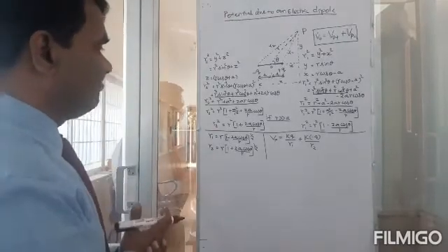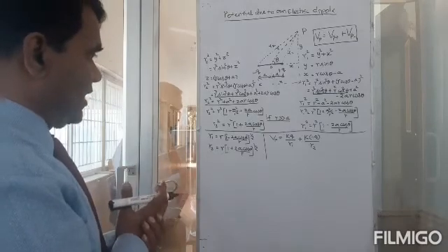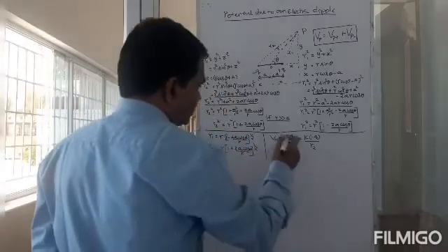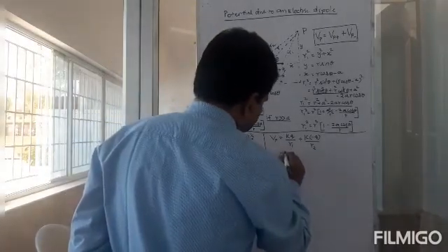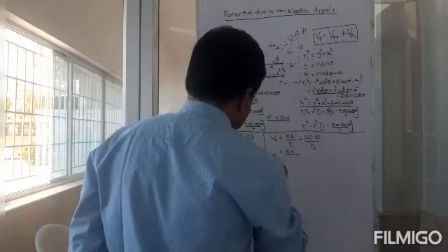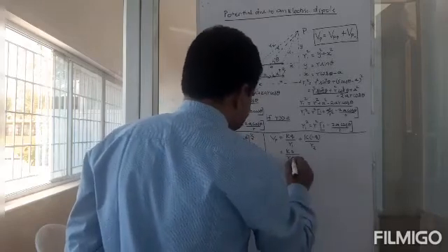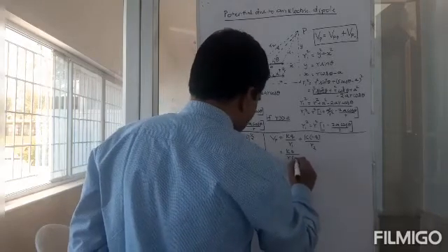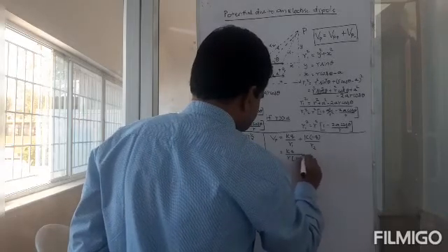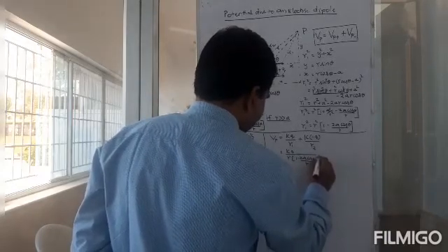Okay, so what are we going to have? This is going to be KQ by r into 1 minus 2a cos theta by r, whole power half.